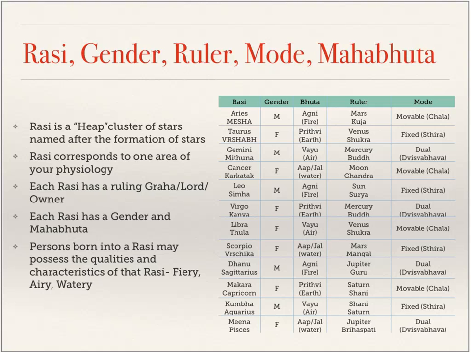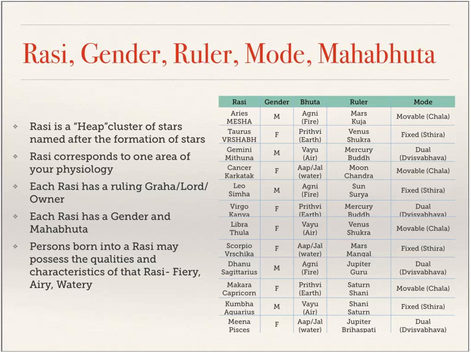Because in the symbology for each of the Rashis, you start to understand some of the qualities of that Rashi. So I want you to start to make those mental associations: when I say Aries, it's Mesha. What does Mesha mean? It has a picture of a ram. What does Gemini mean? It represents Mithuna, which is twins. What does that mean? So start understanding the symbology of these.